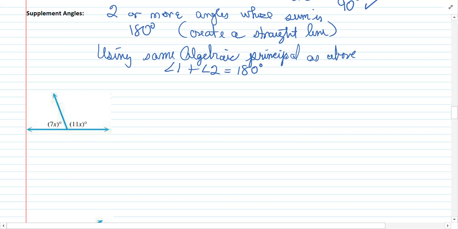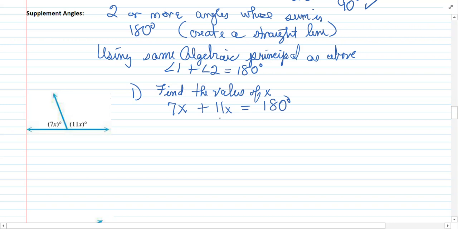So we're starting easy. So our first step, find the value of x.